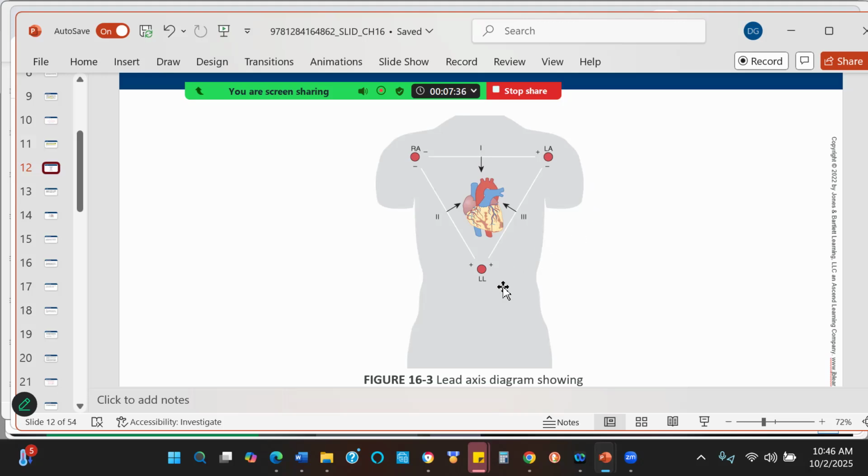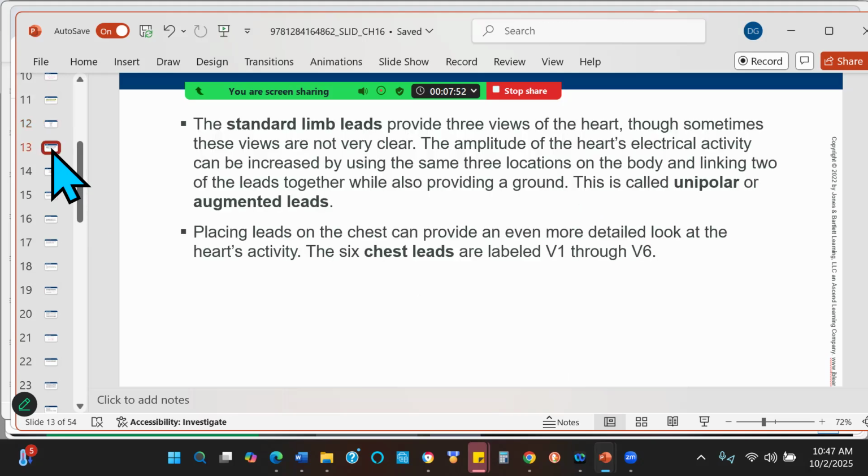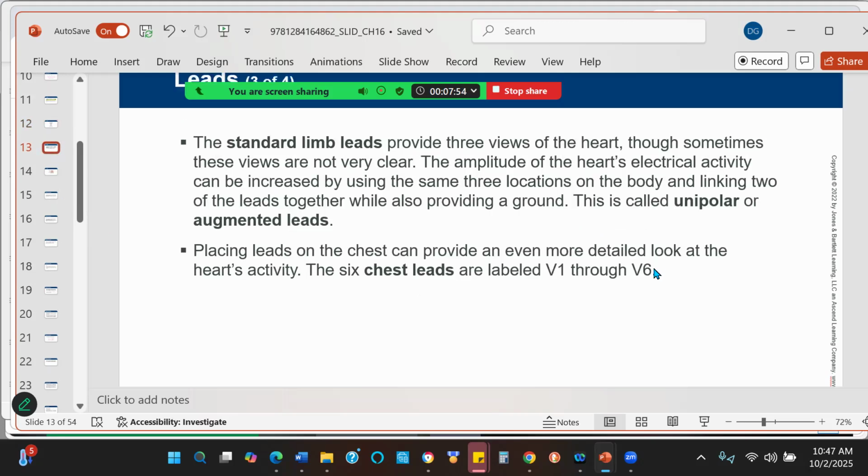Everybody asks the same thing: what about the right leg? Right leg is your ground, and it is so important that the machine be properly grounded, both for patient safety and so you don't have a lot of electrical interference. So there you go. That is the triangle that everything starts with.